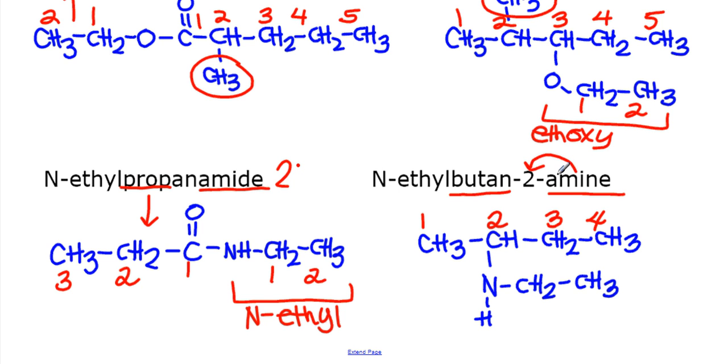My amino group is attached at number 2. So here's carbon 2. Here's my nitrogen. It's not shown here, but we've got those 2 lone pairs. 1 bond to hydrogen, and over here is your ethyl group, 1, 2. So this whole thing over here, that's your N-ethyl part of the name.